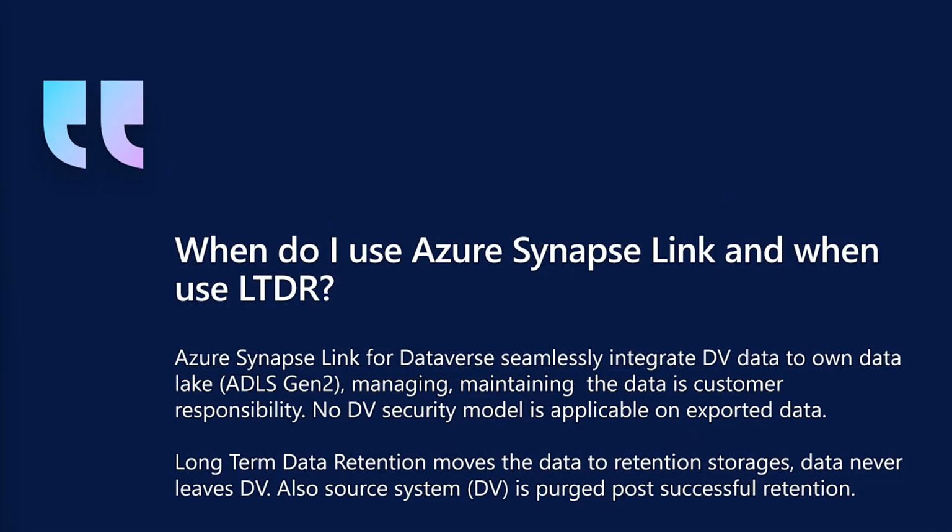So when you use Synapse Link, you need to create your own security model and policies to govern the data that is exported from Dataverse. Whereas in long-term data retention, data never leaves Dataverse. It is a part of Dataverse data, so the similar Dataverse security model is still applicable.